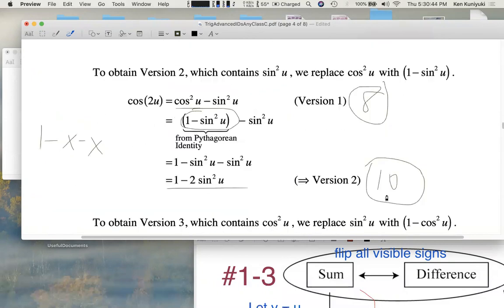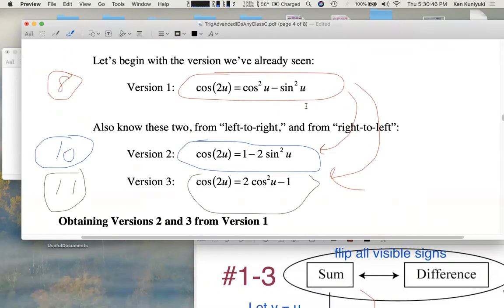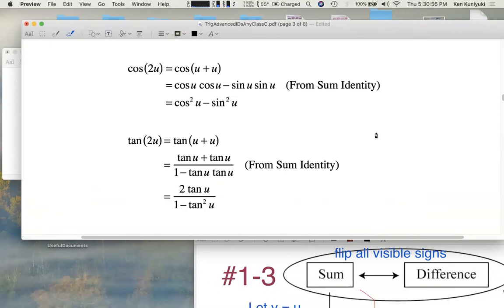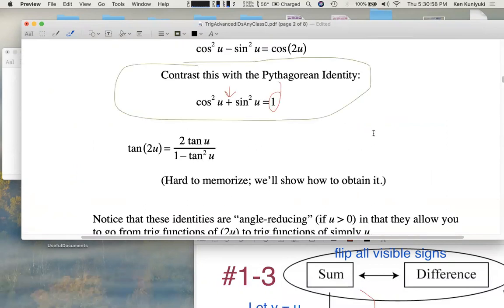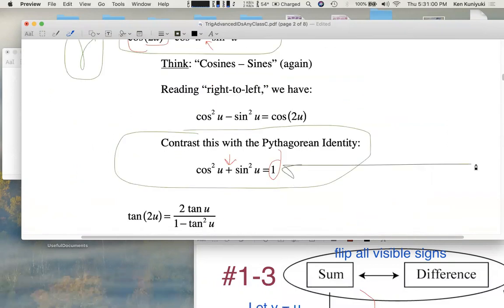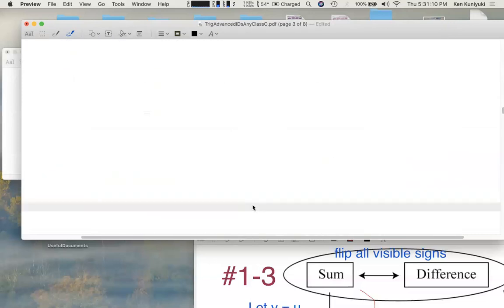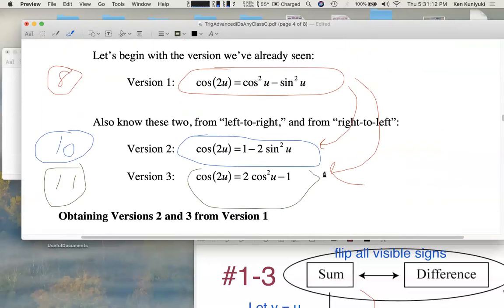So in order to get from this identity in red, number 8, to identities numbers 10 and 11, we're applying the basic Pythagorean identity in 2 different ways. One where we solve for sine squared u, another where we solve for cosine squared u. If you solve in terms of sine squared u, you get this.